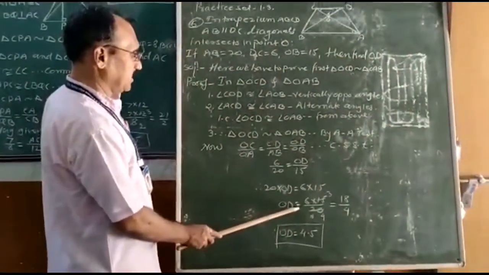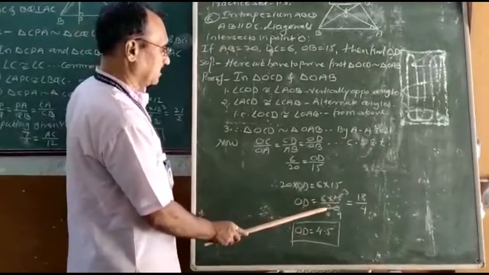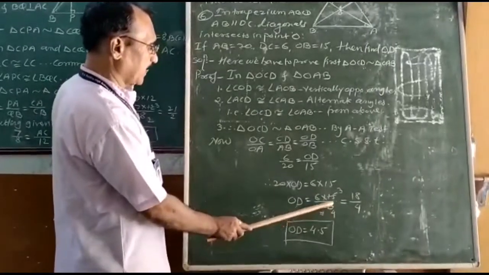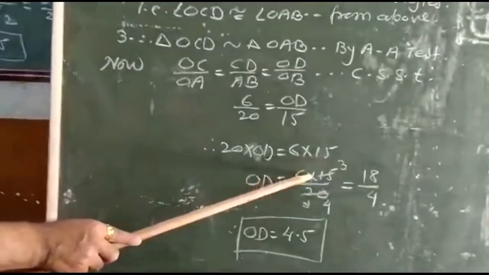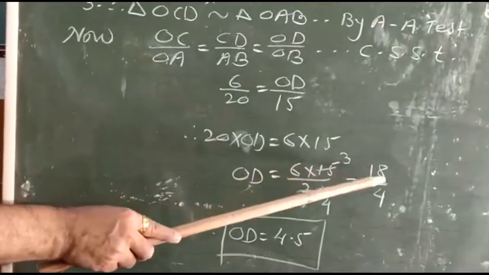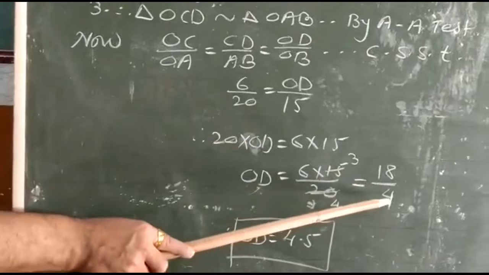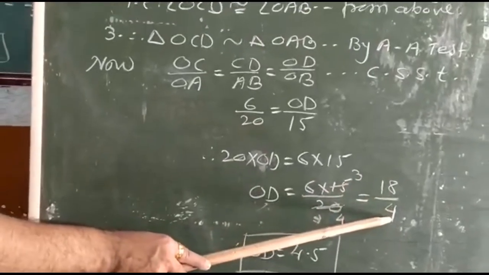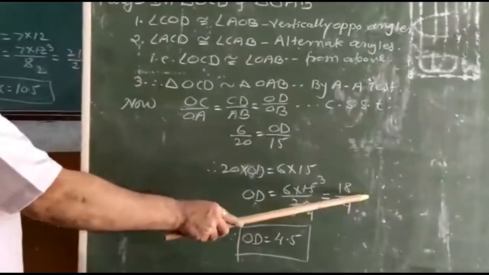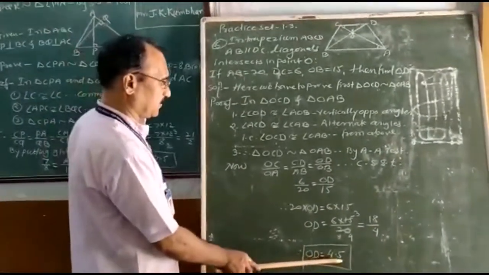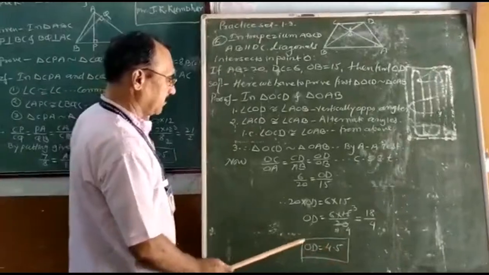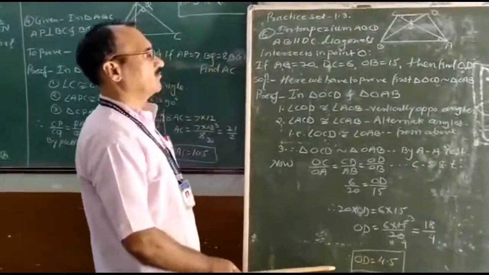Therefore, OD is equal to 6 into 15 divided by 20. 5 4s are 20, 5 3s are 15. 6 into 3 is 18 upon 4. And 18 upon 4 is 9 upon 2, that is 4.5, so OD is equal to 4.5. This is the required answer, and this is our final answer.